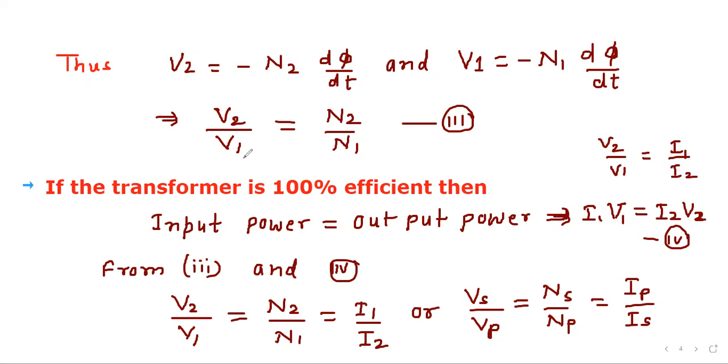So we can say V2 upon V1 equal to N2 upon N1 equal to I1 upon I2, or voltage in secondary divided by voltage in primary equal to number of turns in secondary to number of turns in primary equal to current in primary divided by current in secondary.